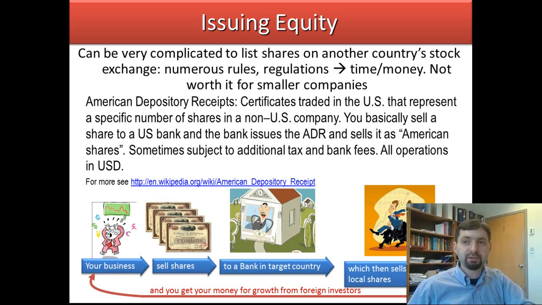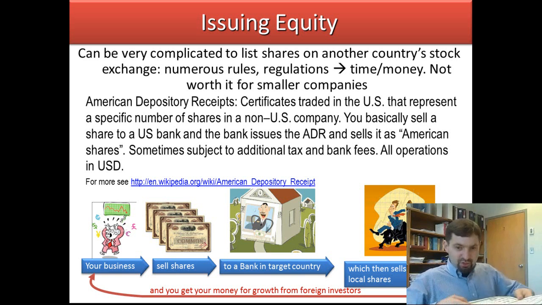So what you can do is find a bank in the country where you want to sell your shares, and that bank will be entitled for a share of your company. For that part of your company, they will issue pieces of paper that represent your company. Effectively you sell the shares to the bank, then the bank makes pieces of paper that represent the shares that you gave to the bank.